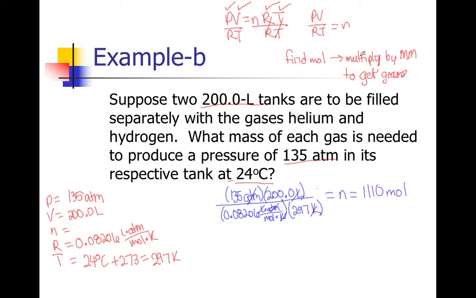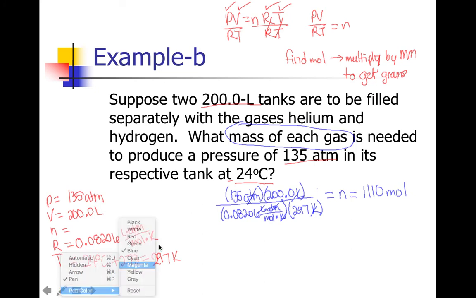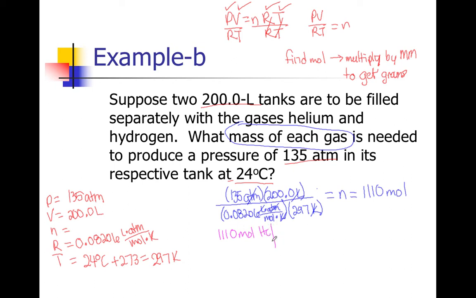Now we need to multiply by the molar mass of our gases to get the mass of each gas. So for helium, we're going to take 1,110 moles, and the molar mass of helium is the same as the average atomic mass, which is 4 grams per mole.